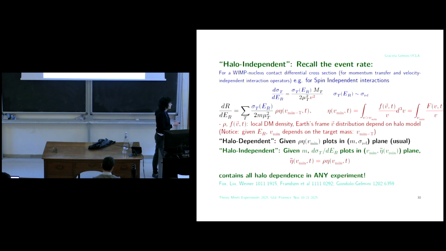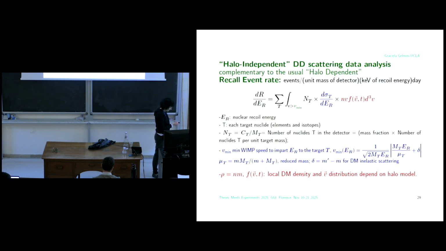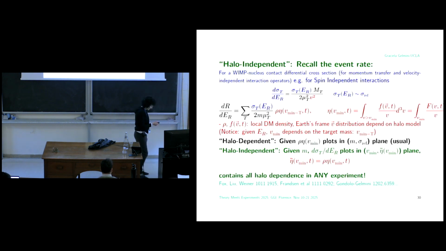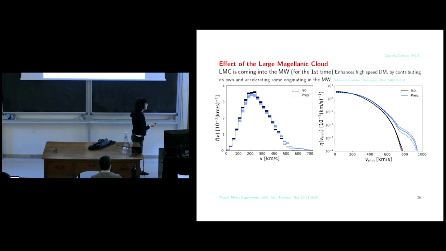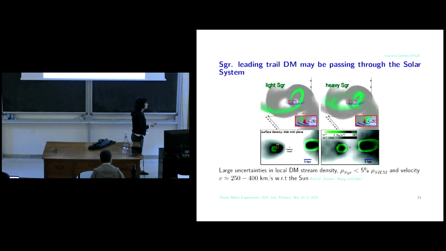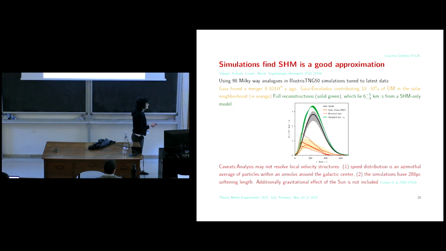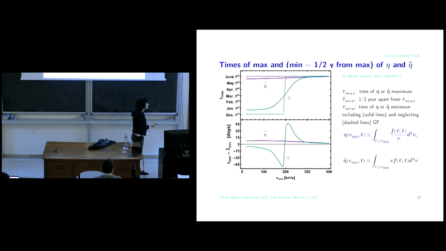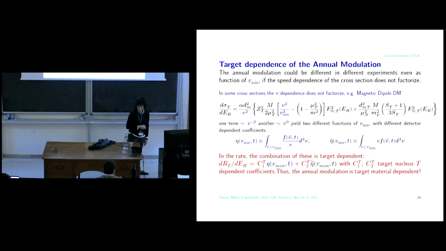One is 1 over v squared, the other is constant. I don't know, before. Here. So when you integrate, exactly.